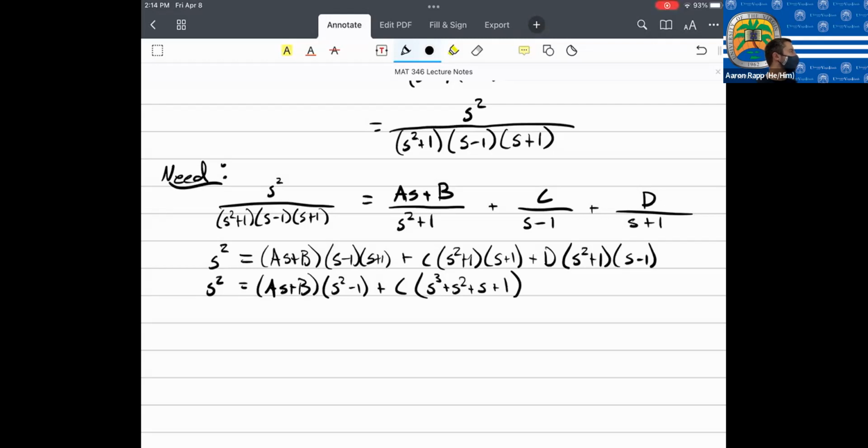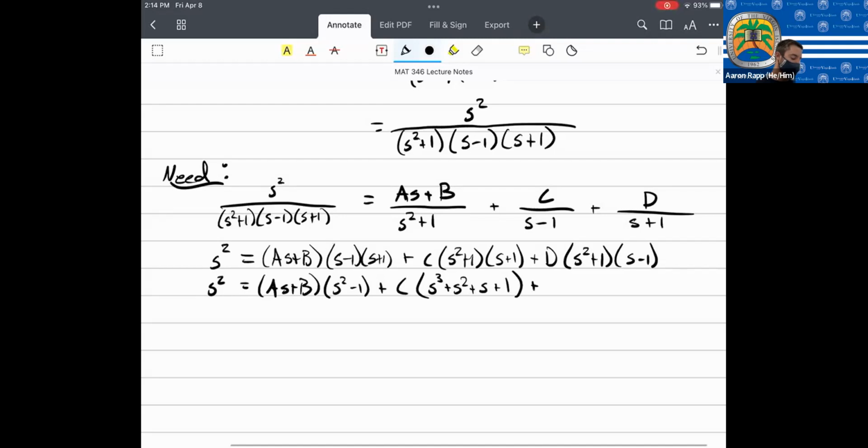Take a 1, multiply it by an s squared plus 1, I get s squared plus 1. Similar-ish happening for s squared plus 1 times s minus 1. But instead, it will become what? Yeah, so I'll get some minus terms in there.